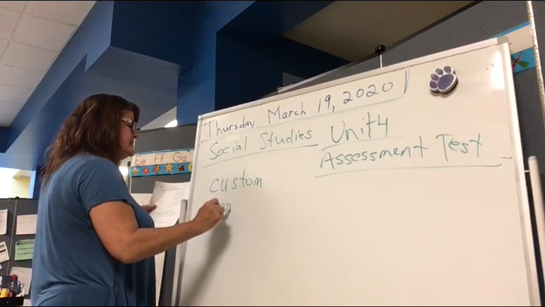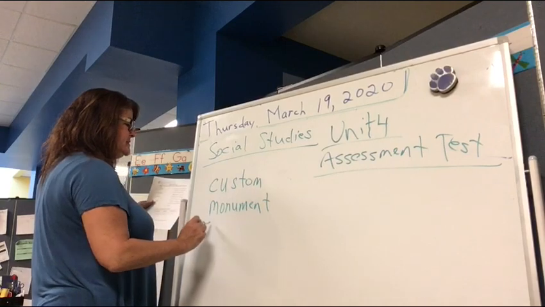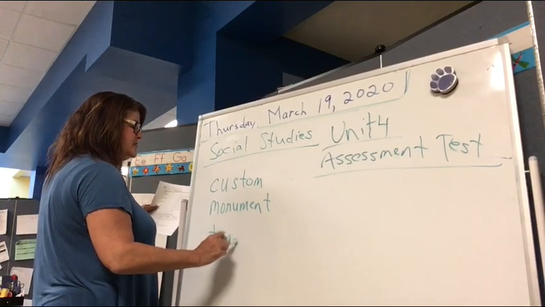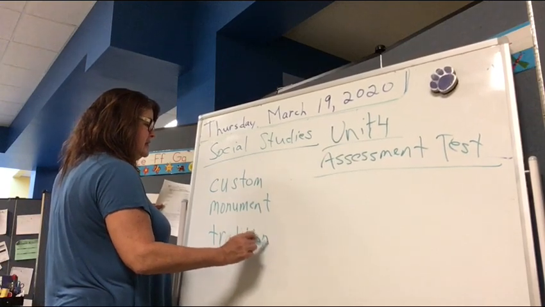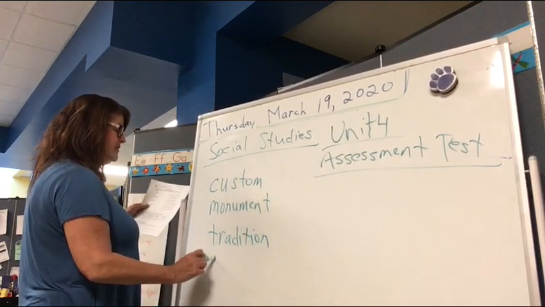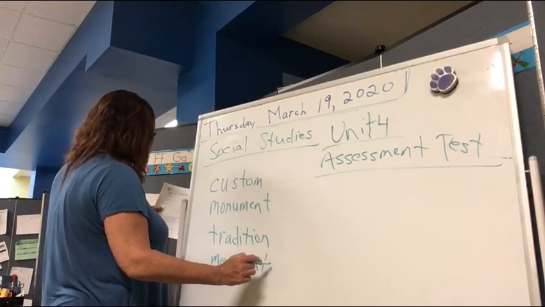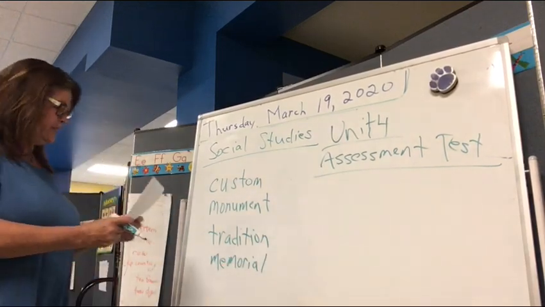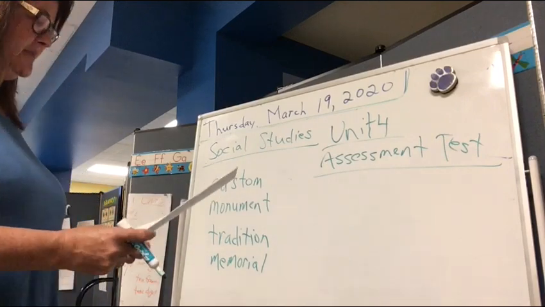Remember monuments? We talked about Washington, D.C. with their monuments. Talked about what traditions are. And we talked about memorials. So, use the words from the word box to complete the sentence.